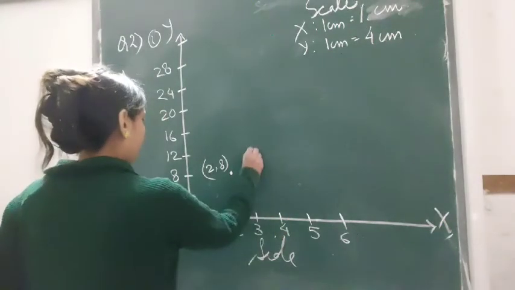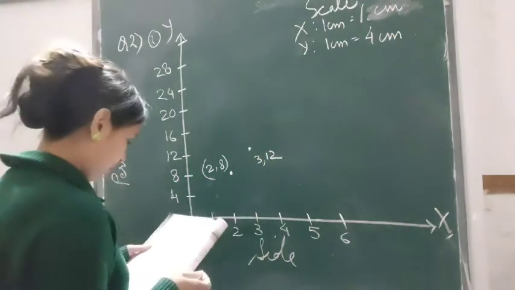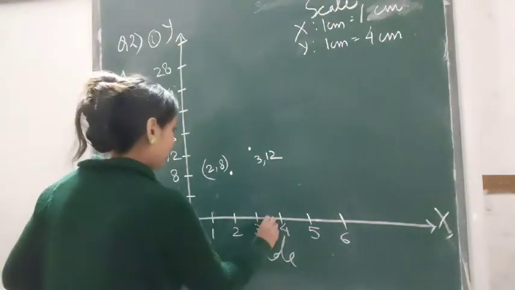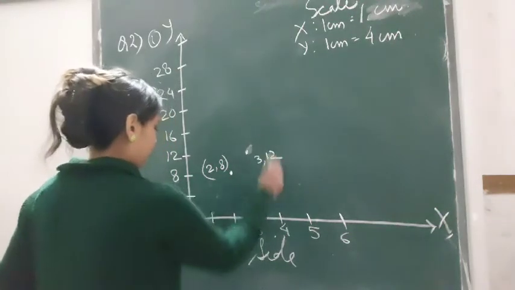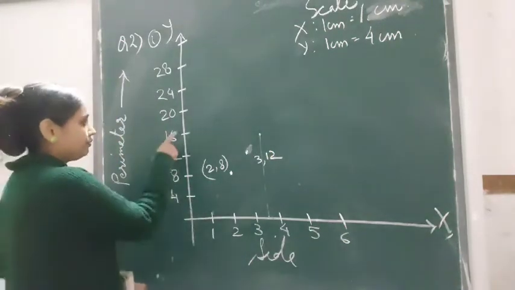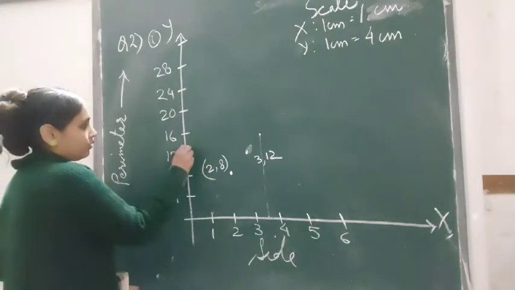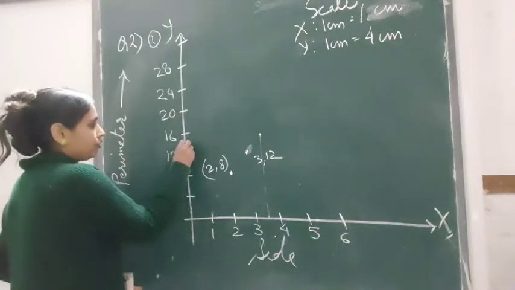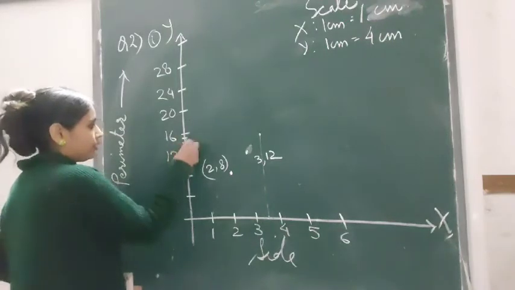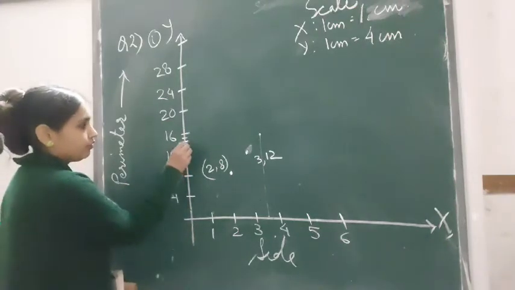When side is 3.5, perimeter is 14. 14 will come in between: 12, 13, 14, 15 and 16. So this is 14.